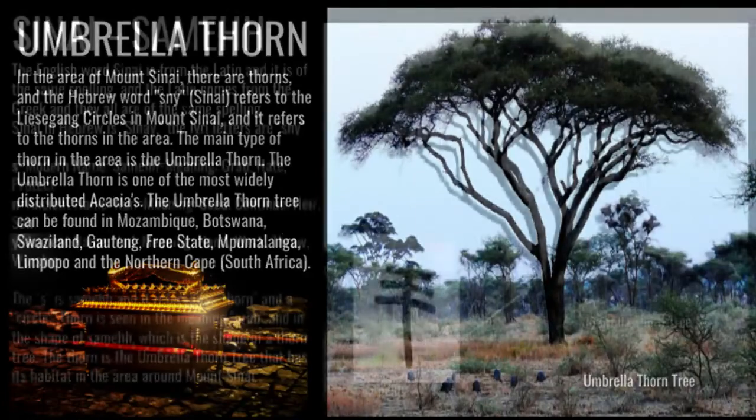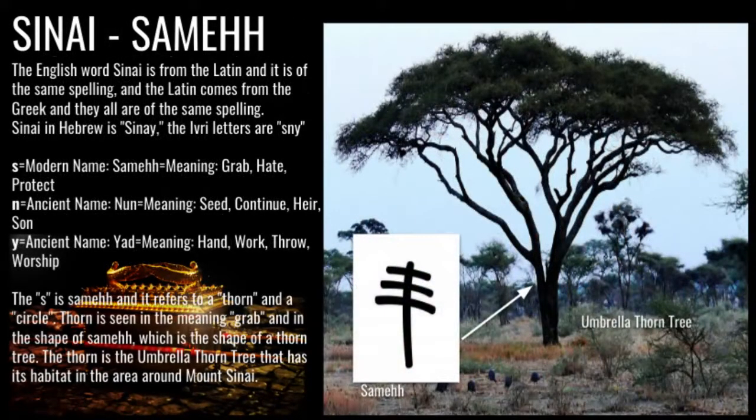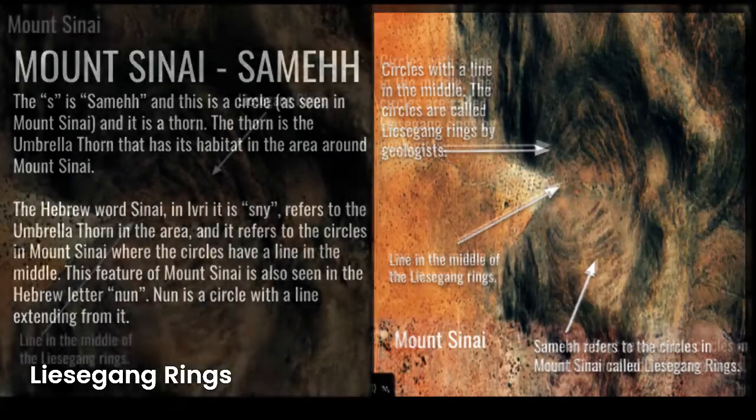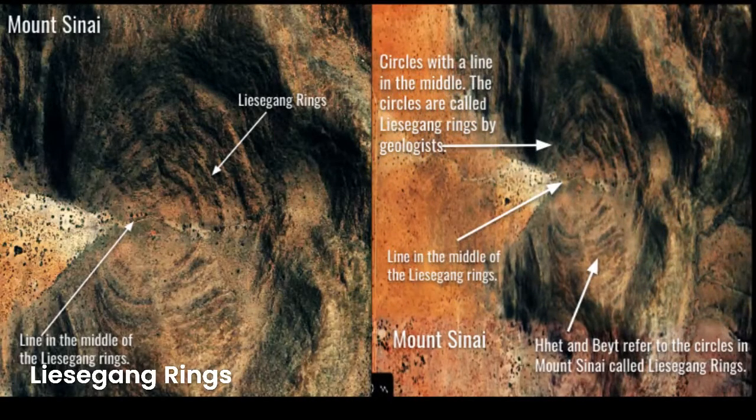The Hebrew letter Samek refers to the umbrella thorn in the area, and it also refers to a characteristic of Mount Sinai. This feature is circles or rings that are clearly visible on Mount Sinai.